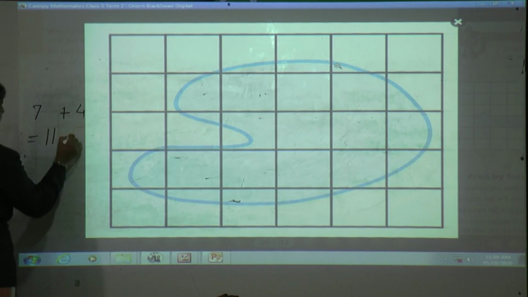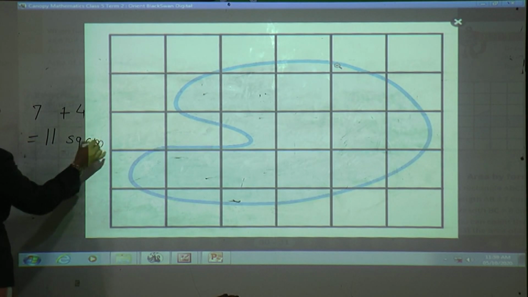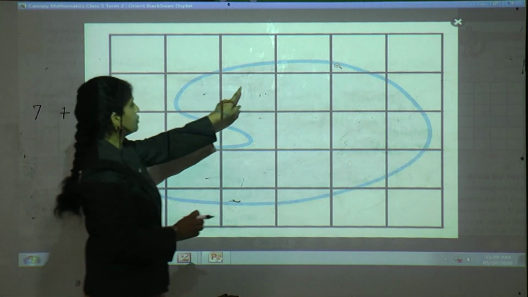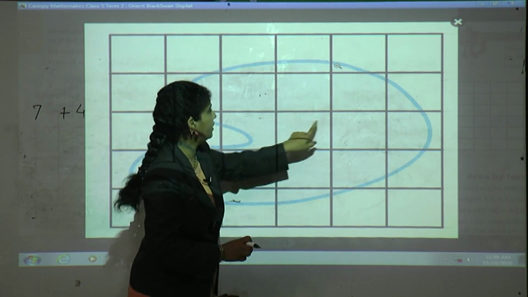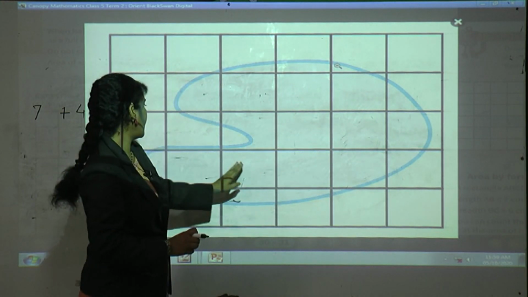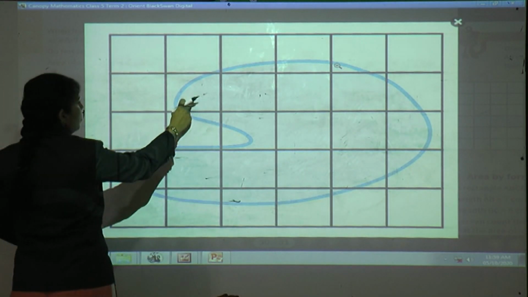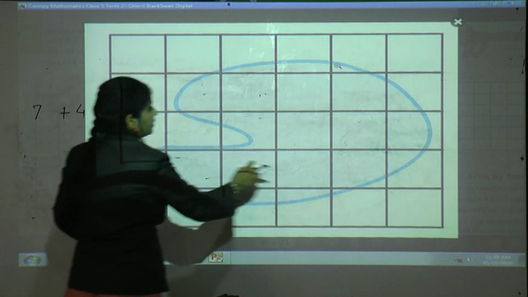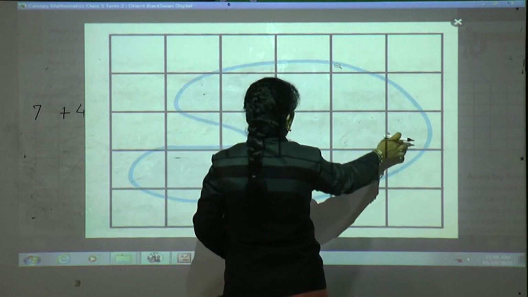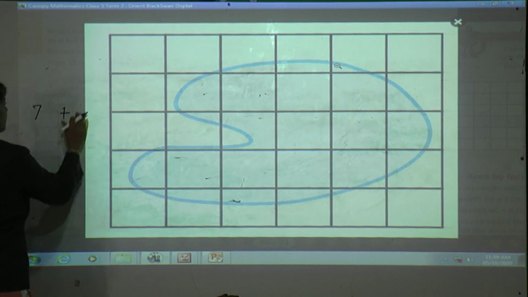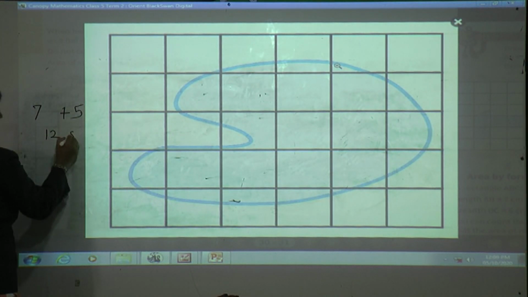So the answer will be 11 square centimeter. Sorry, we forgot to take a half square. See, full squares 1, 2, 3, 4, 5, 6, 7, and the half squares 1, 2, 3, 4, 5. So the answer is 12 square centimeter.